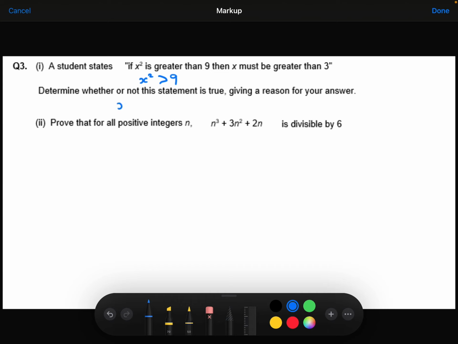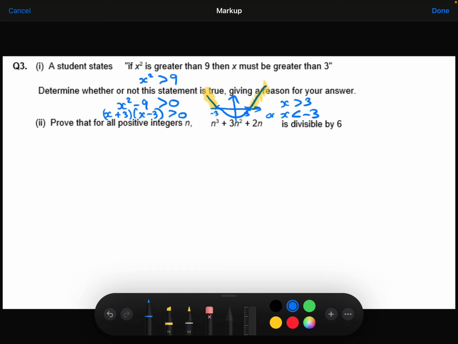that would mean that x squared minus 9 is greater than 0, which would mean that (x plus 3)(x minus 3) is greater than 0, which would mean, if we just drew a little graph with roots at minus 3 and plus 3, and our graph is bigger than 0 when x is greater than 3, or when x is less than minus 3.